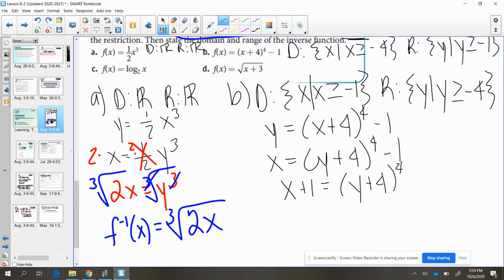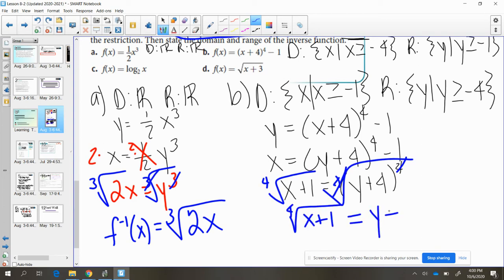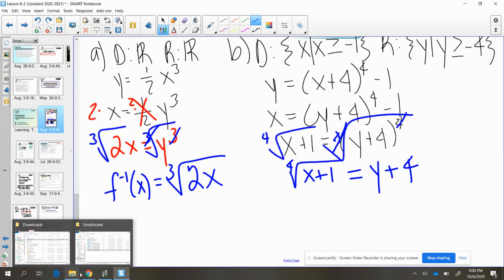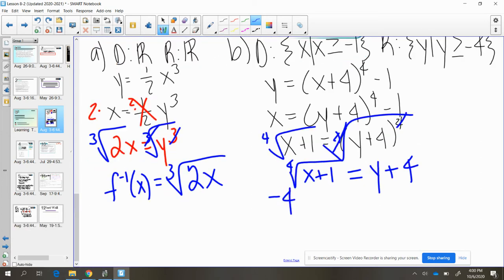And then to undo that to the fourth power, we're going to take the fourth root. So these cancel. We're left with the fourth root of x plus 1 equals y plus 4. Last but not least, we need to subtract the 4 from both sides. And I'm going to write the 4 out front of my radical just because sometimes you don't want it to accidentally creep under the fourth root with the rest of these. And here is our f inverse of x.